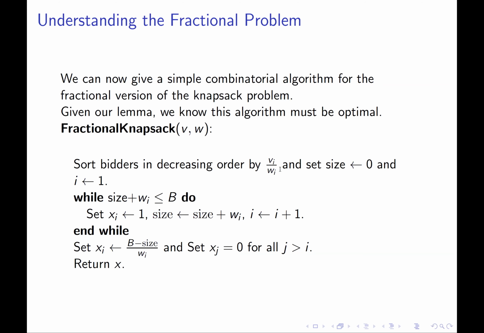And so what we previously had, this hard to understand solution to an NP-hard optimization problem, is now this simple greedy algorithm. We just sort the bidders in decreasing order. We keep track of who we've allocated, like who we've decided has won, and the size of our allocation so far, initially 0 before we've allocated anyone.